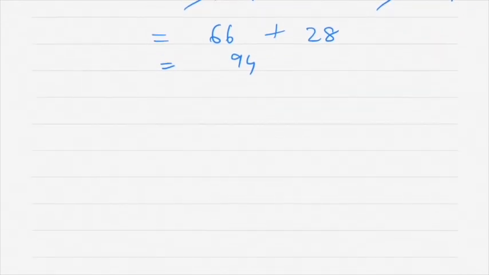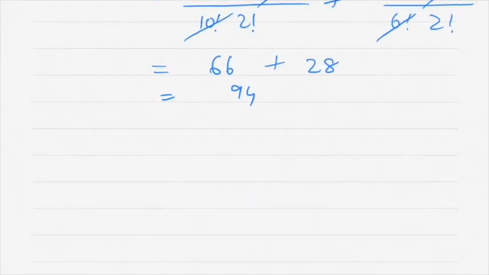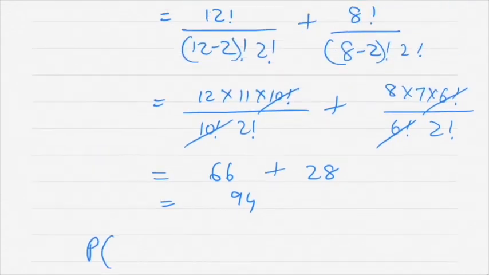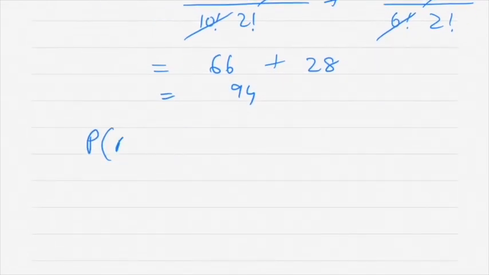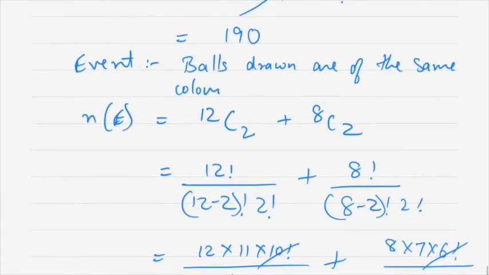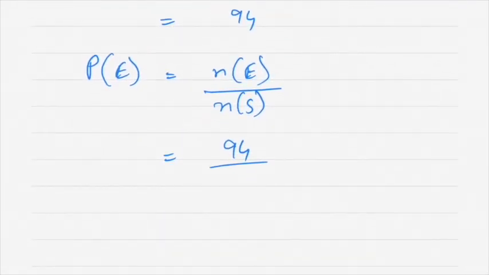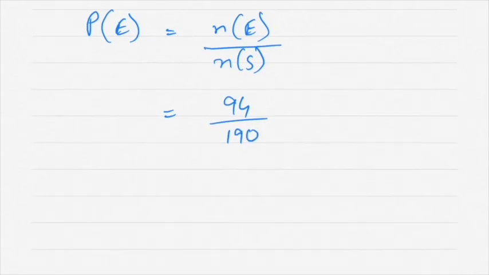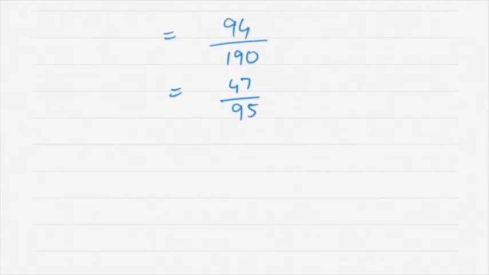So number of events is 94. Therefore, P of E, I named it as E, no? N of E, okay. So P of E will be N of E upon N of S, which is 94 by 190. So 47 by 95.